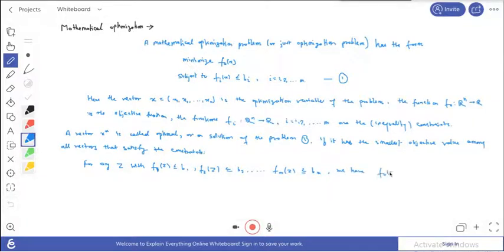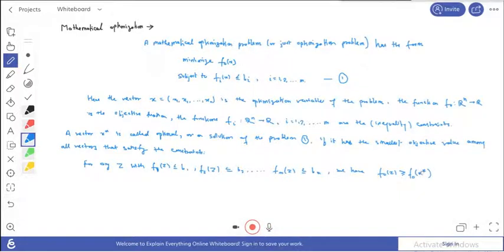If you find any such z, then f naught z is greater than or equal to the optimum one. The optimum one is your x star. So this is your objective function at that point. Okay, this means x star is the optimal solution.